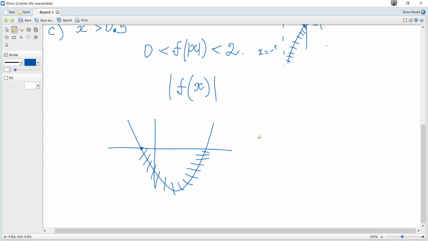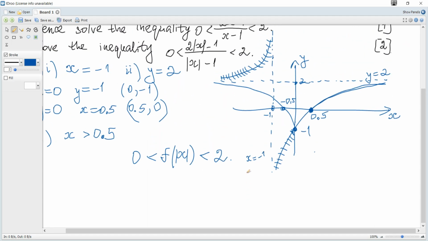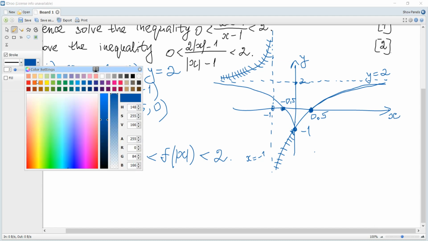And from the graph we need again find the region for x so that a given function is greater than 0 and less than 2. We can see that again it's greater than 0 and less than 2.